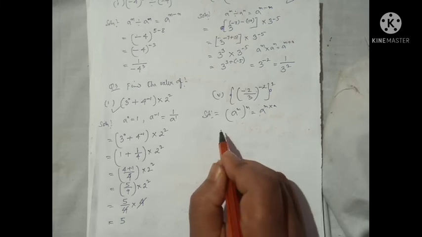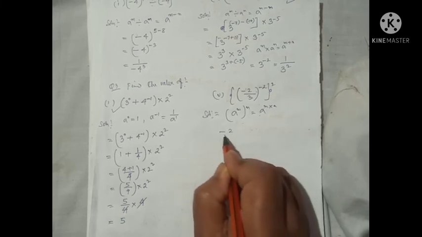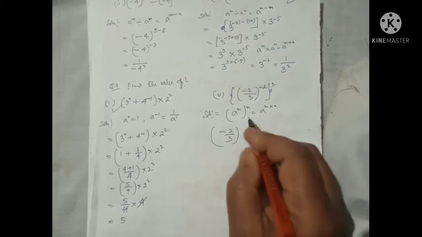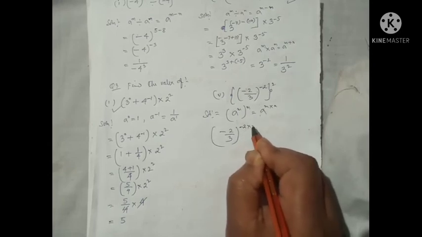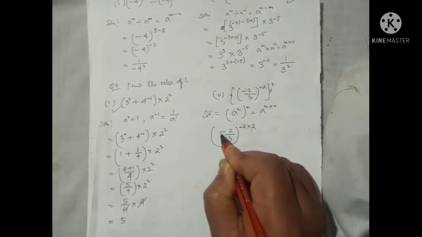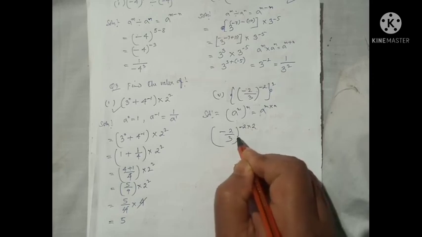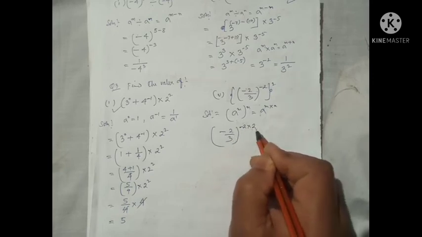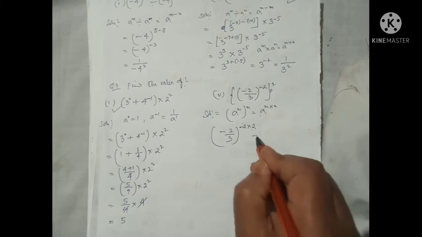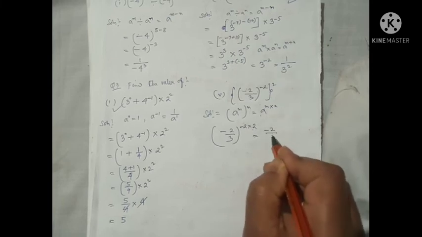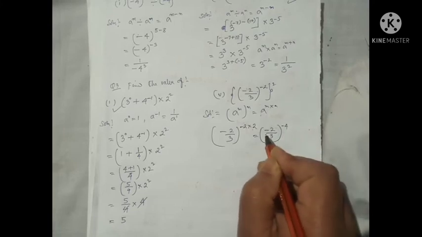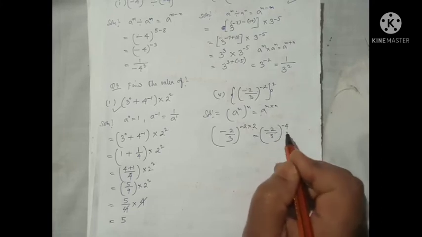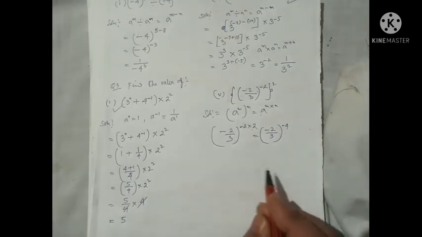So here comes minus 2 by 3. We will multiply minus 2 into 2, then it is minus 2 by 3 to the power minus 2 into 2. That means minus 2 by 3 to the power minus 4. So let's see here again.